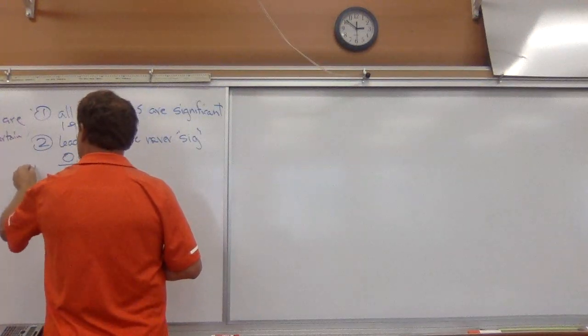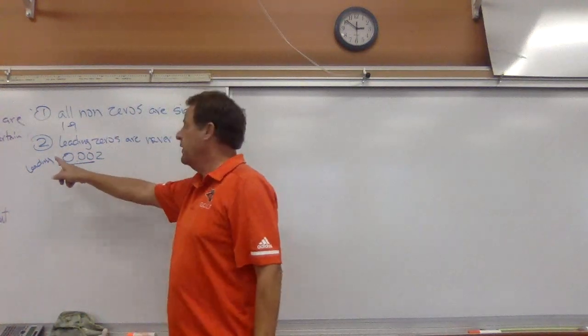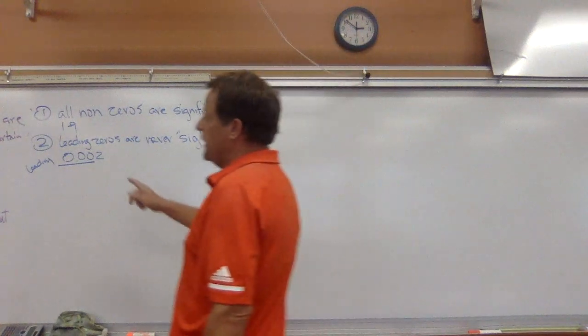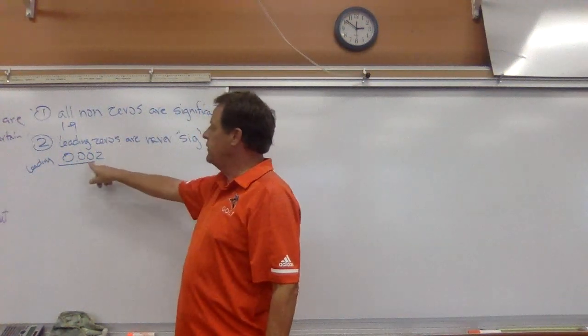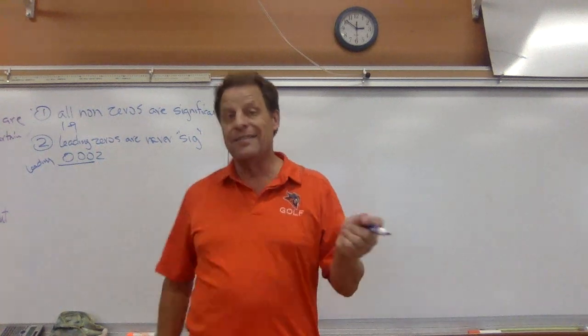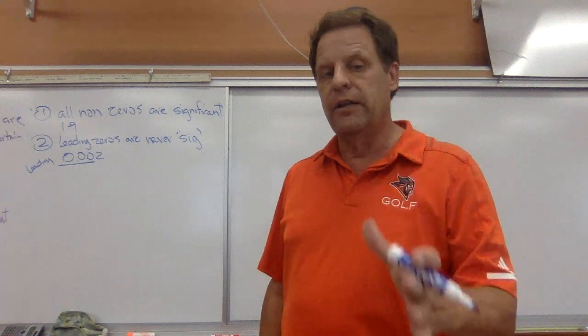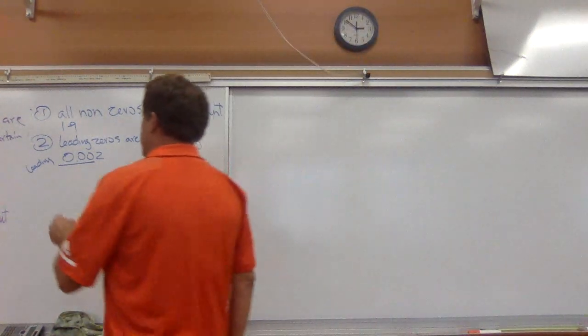These are leading because they come from the left. So when you want to know if they're leading zeros, you go from left to right, and any zeros that come before a non-zero, like 2, they are leading zeros and they're never significant, okay?